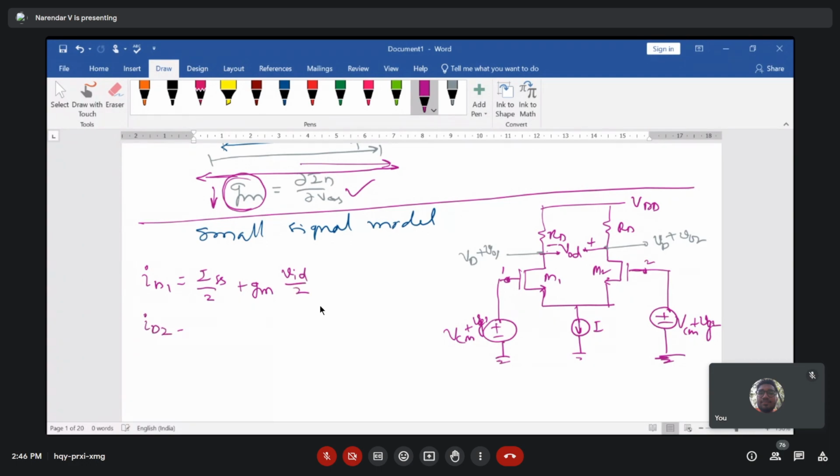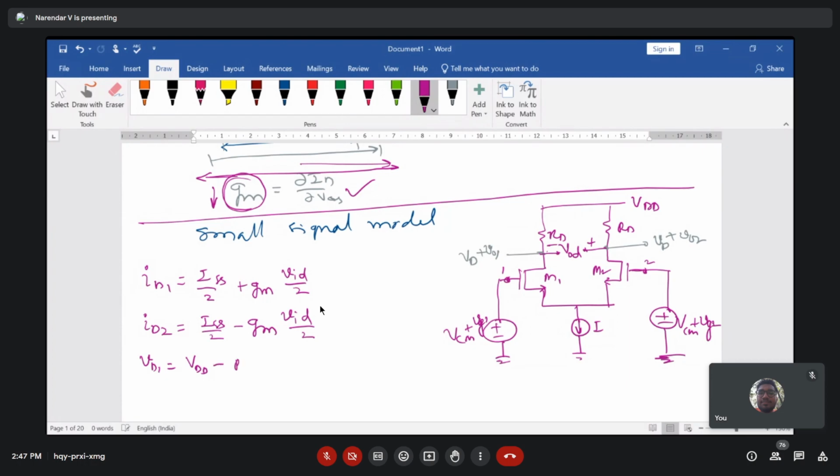Similarly, if I write ID2, which is equal to ISS by 2, DC component, minus, because our second input is the 180-degree phase shift of your input, that's why you'll get minus GM VID by 2, and VD1, which contain both DC component and AC component.